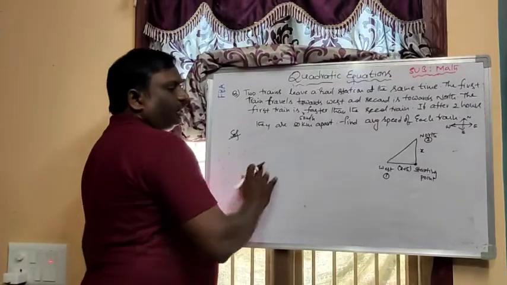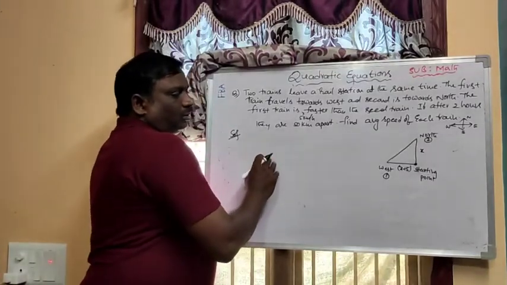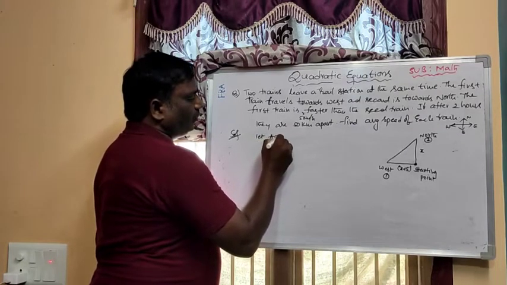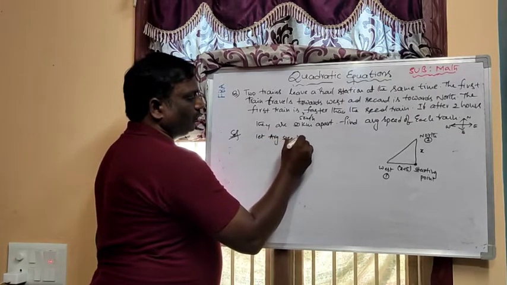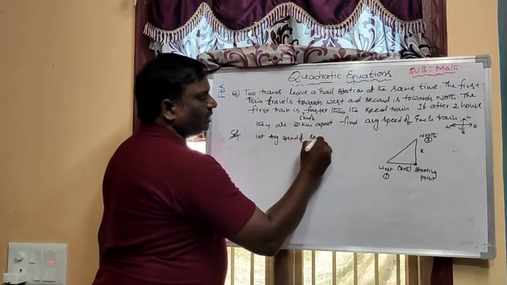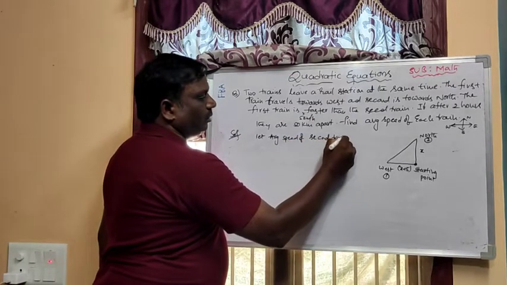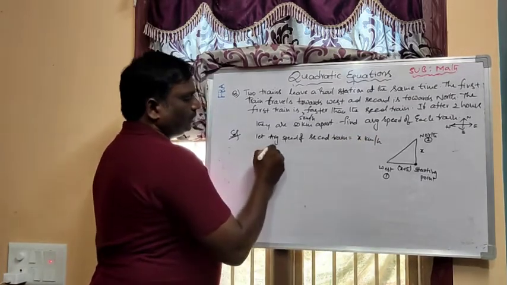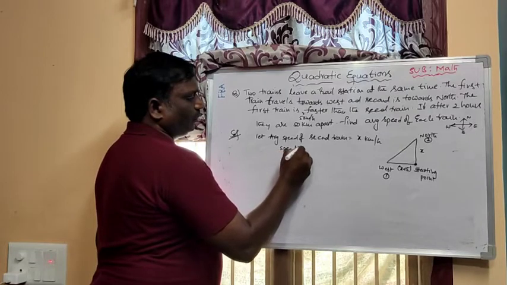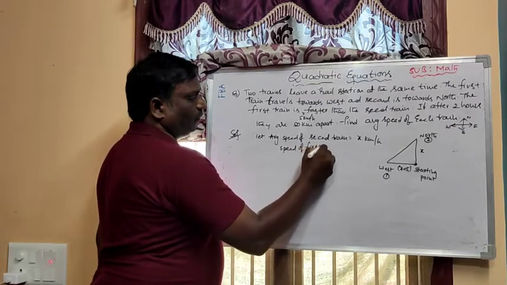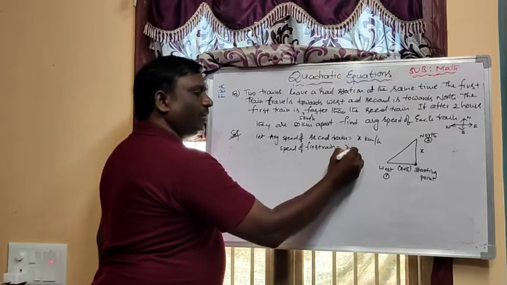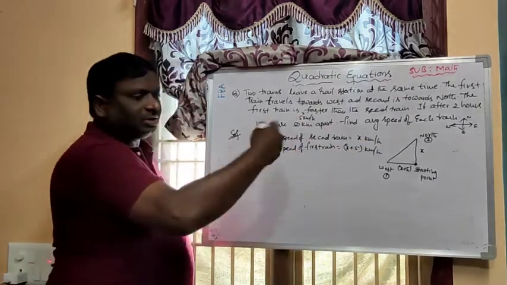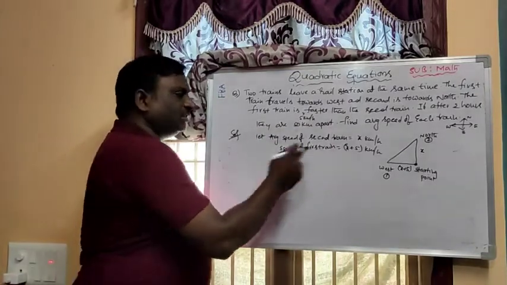Now let the average speed of the second train equal x km per hour. Then the speed of the first train equals x plus 5 km per hour. According to the question, it is 5 km faster than the second train, that's why x plus 5.